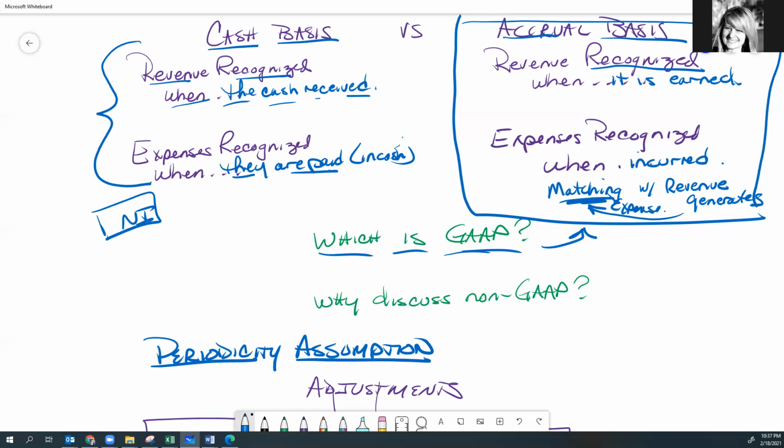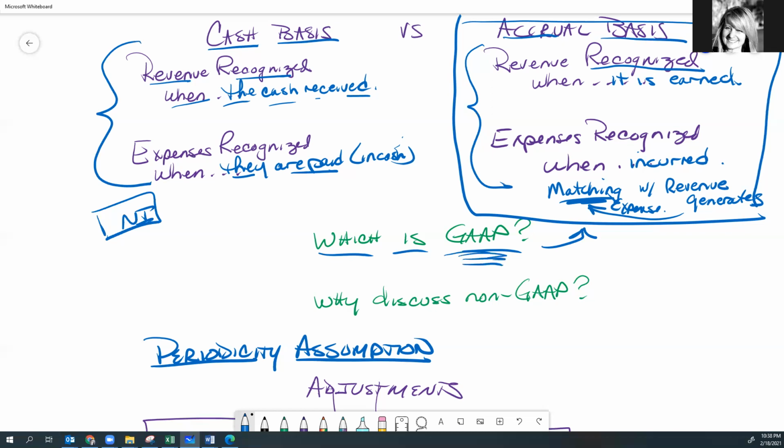None of us should like that, really. We don't want companies manipulating their net income. Under the accrual basis, we recognize revenue and expenses in the period where the event occurs, which is much less susceptible to manipulation. So the accrual basis is absolutely GAAP, no question about it.